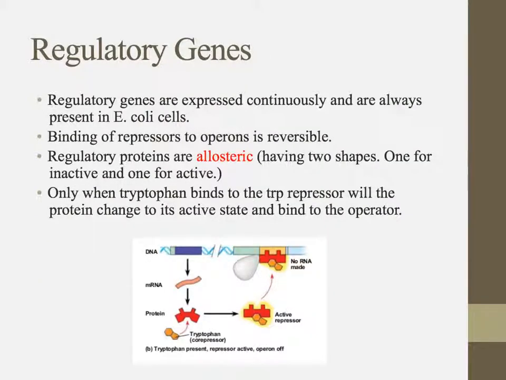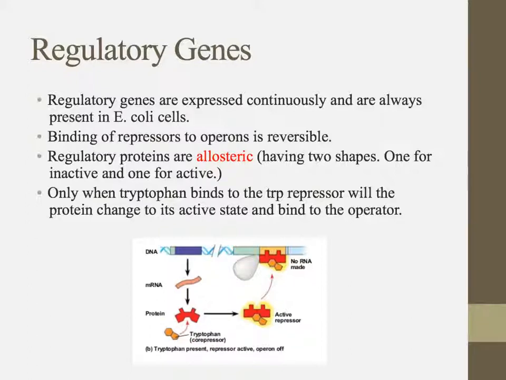So now regulatory genes. Regulatory genes are expressed continuously and are always present in E. coli cells. And the binding of repressors to operons is reversible, and what we're talking about is the tryptophan co-repressor binding to the protein right here.